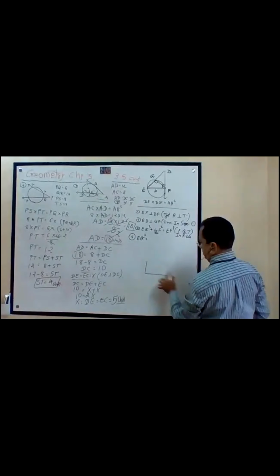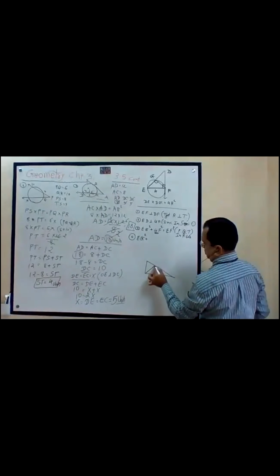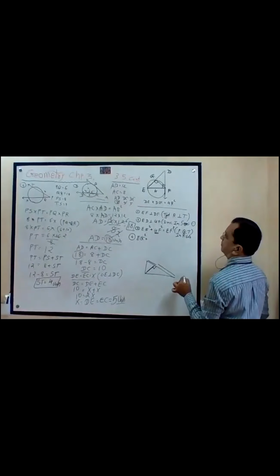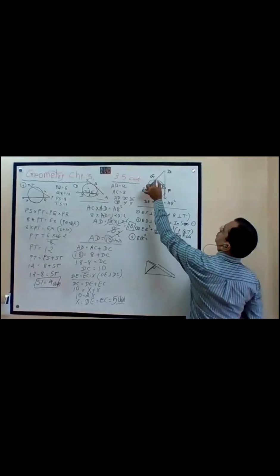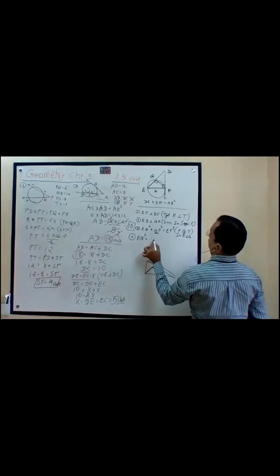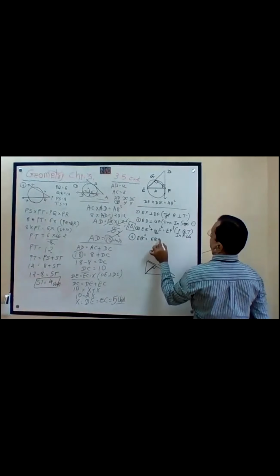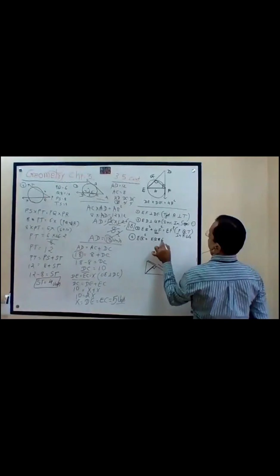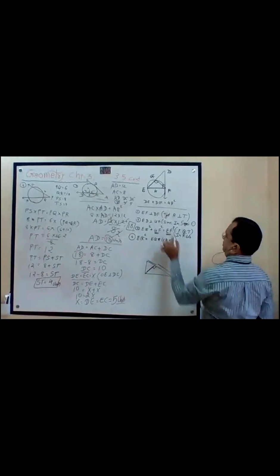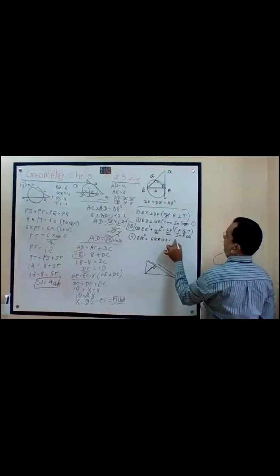You have learned that this square is equal to this into this. So GF square is equal to EG into GD. And this is a diameter. Diameter means 2 radii.